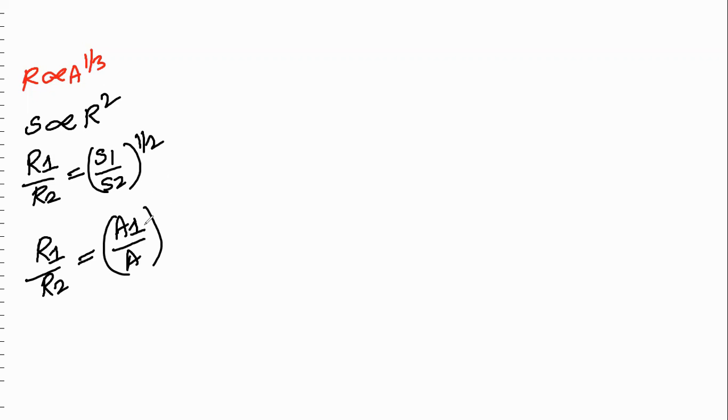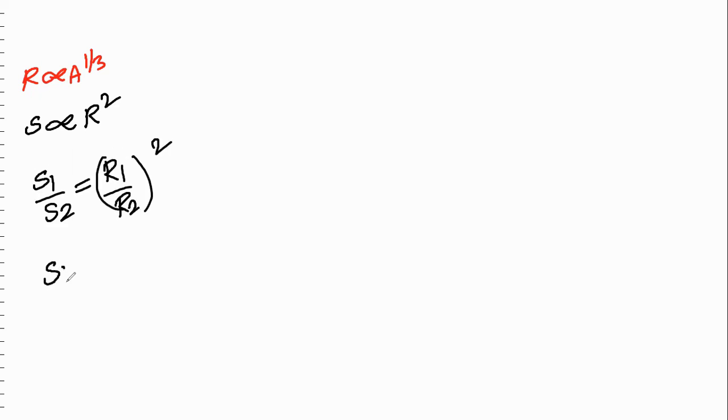This also is there. Then we may write this. S is proportional to R square. Then S1 divided by S2 is equal to R1 by R2 whole square.